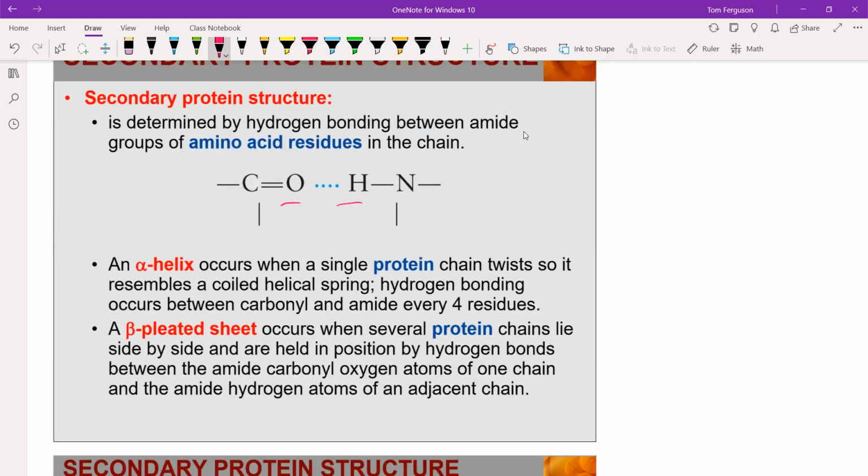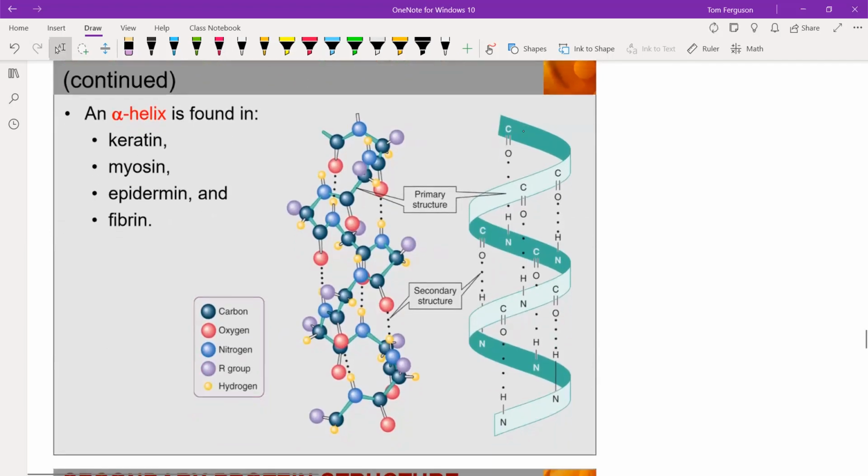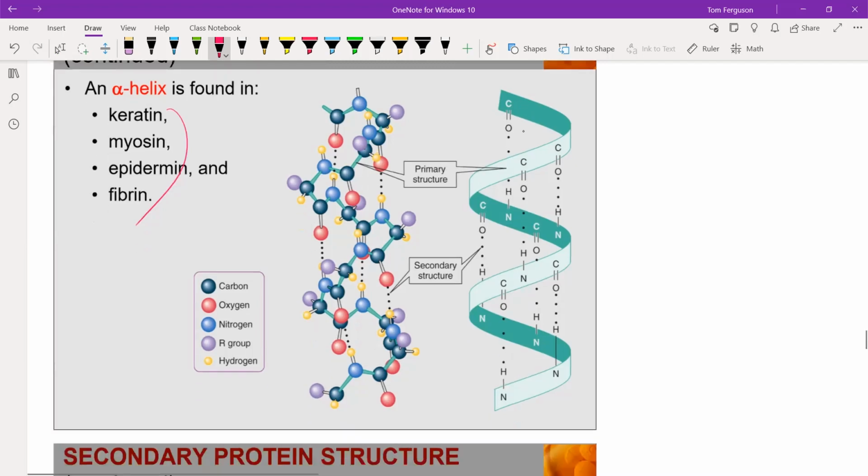It could be the helix. It ends up looking like a classic DNA, only it's not DNA, but it's the same shape, because long molecules tend to form helixes because it's more stable than just a long, skinny strand. These are examples of the helix.